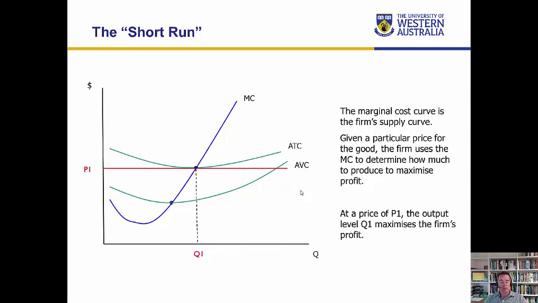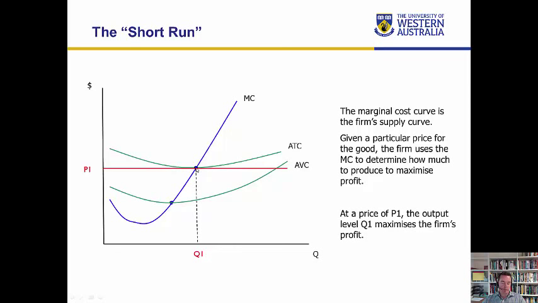If this firm goes beyond Q1, it will be producing extra units for which the marginal cost curve is higher than the selling price. So going beyond Q1, you're actually throwing money away at the margin by producing those extra units.